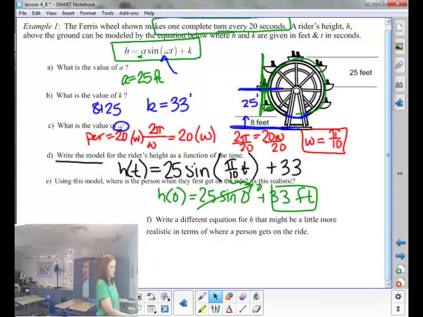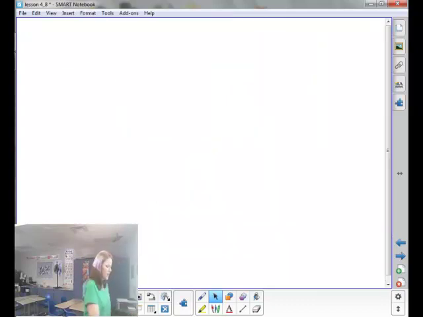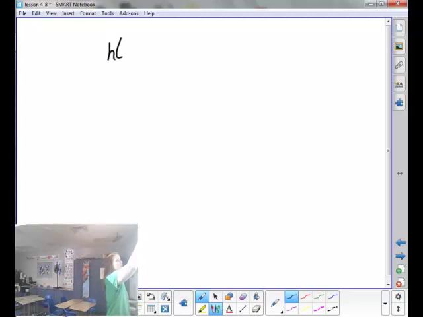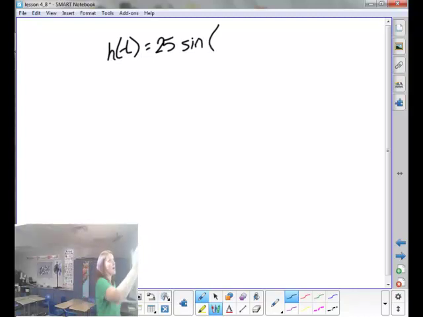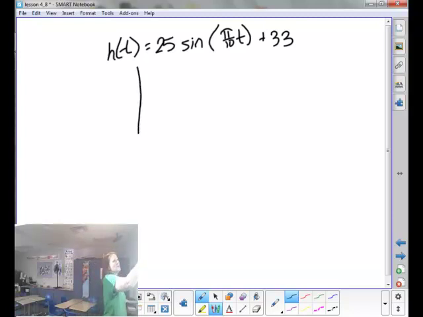Okay, so I'm going to take a moment here. I need a little more writing room. And I'll go ahead and copy that model down. We said h of t equals 25 sine of, I already forgot my b, pi over 10 times t plus 33. Let's just make a quick sketch of this. What does this thing look like?